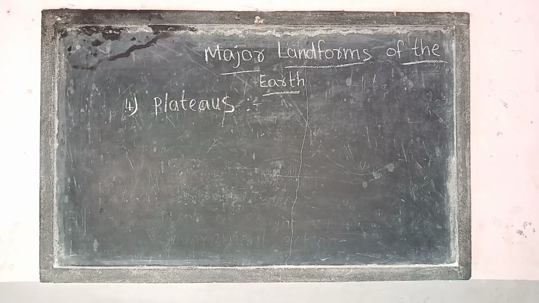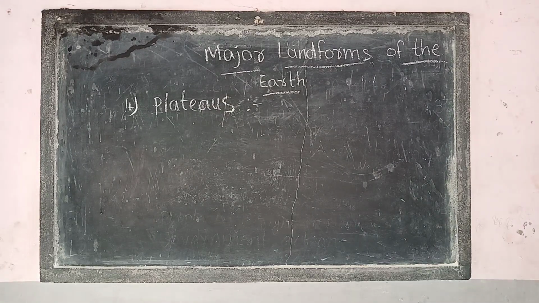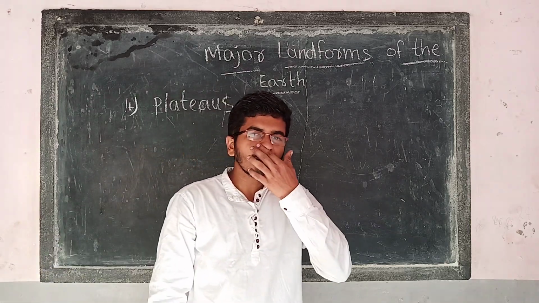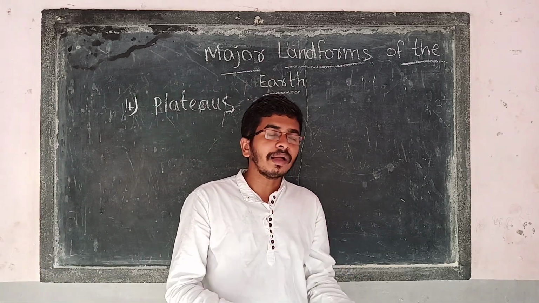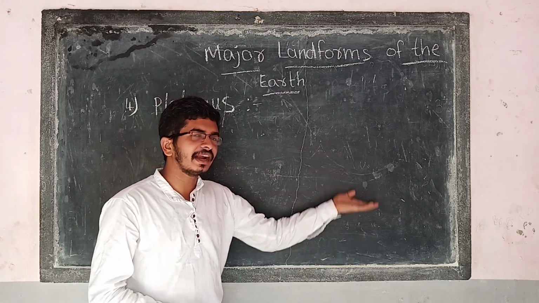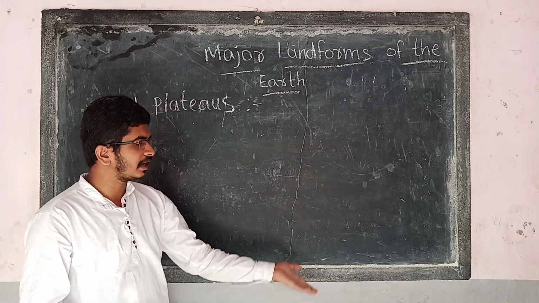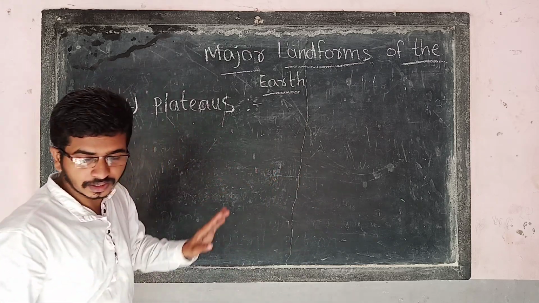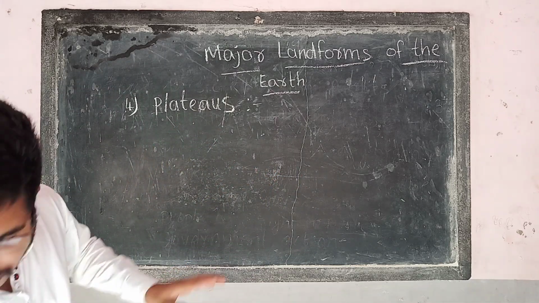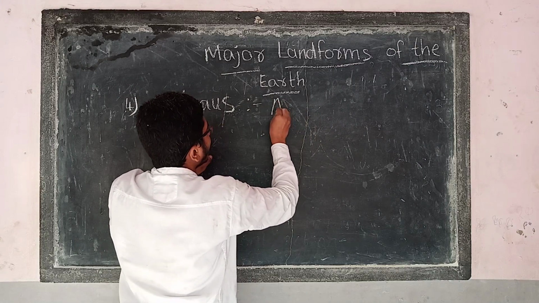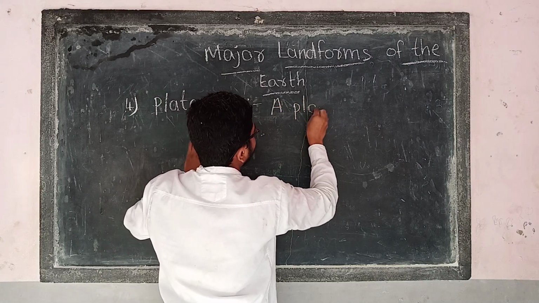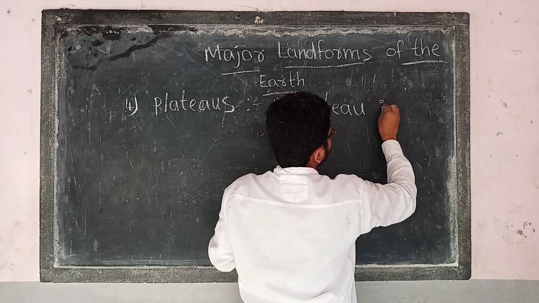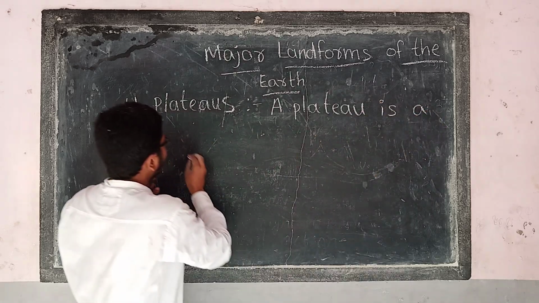Now you can see, a plateau is a top highland above the plains, with steep sides. So here you can write: a plateau is a highland.